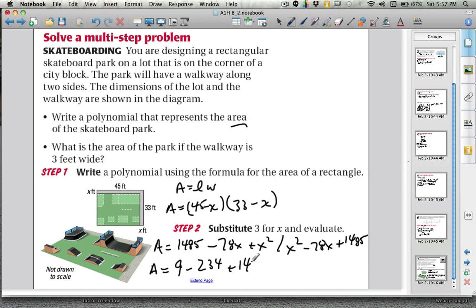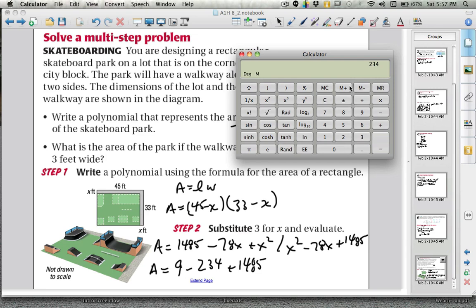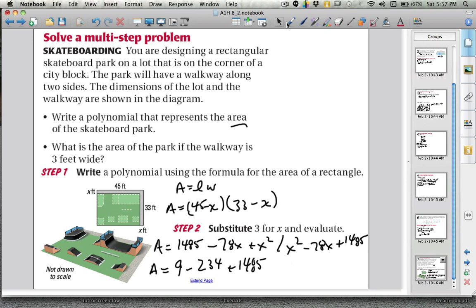Plus 1485. Okay, so if we go back to it, here's my 234. If I make that negative, and then I add the 9, and I add 1485, I see that I get 1,260 square feet for my area. So it's 1,260. Okay, and that's working with a very simple overview of multiplying polynomials.